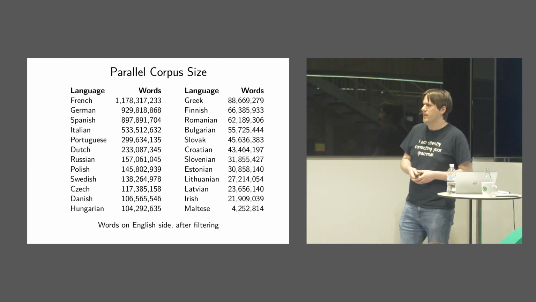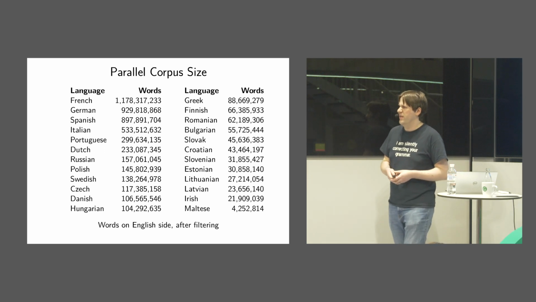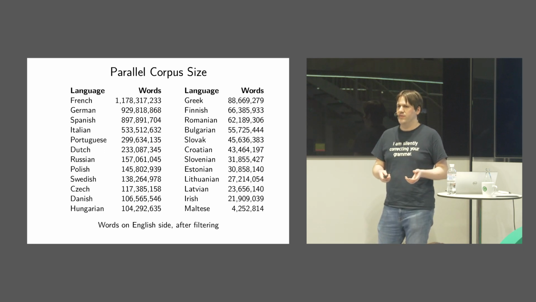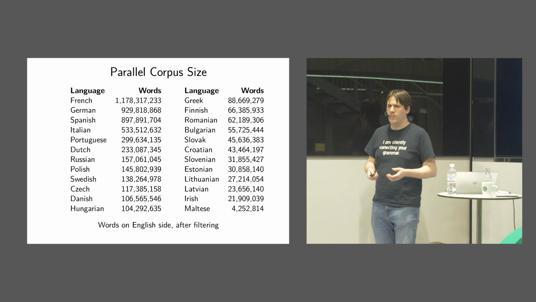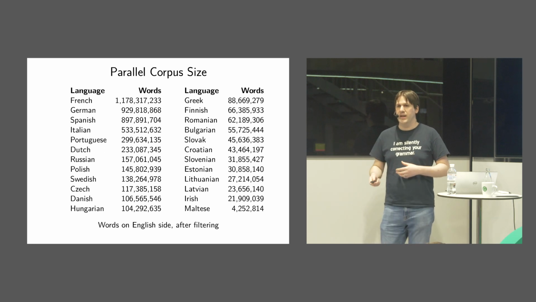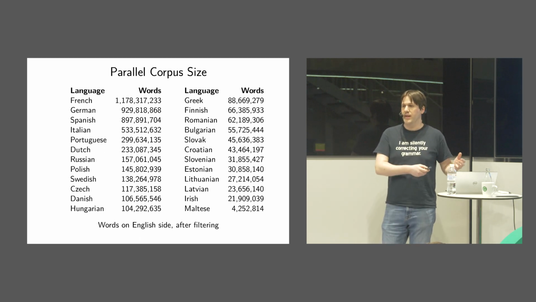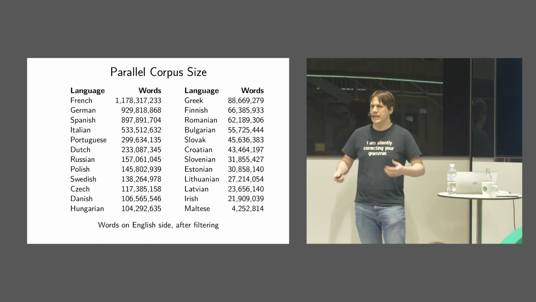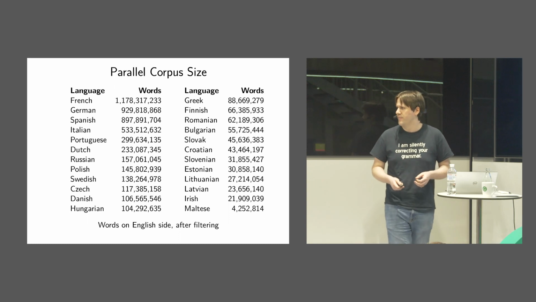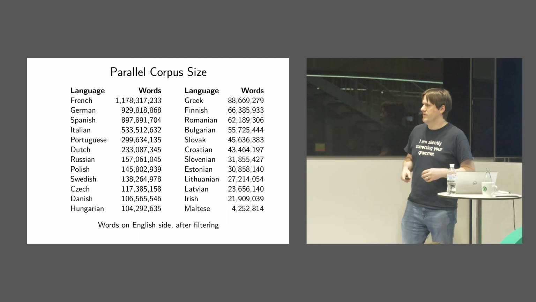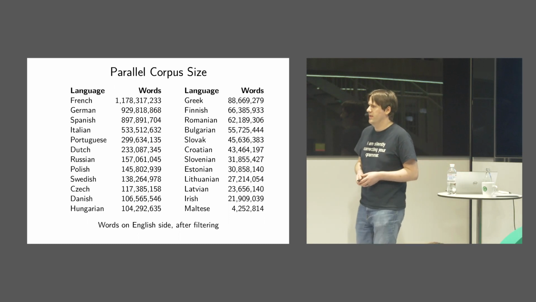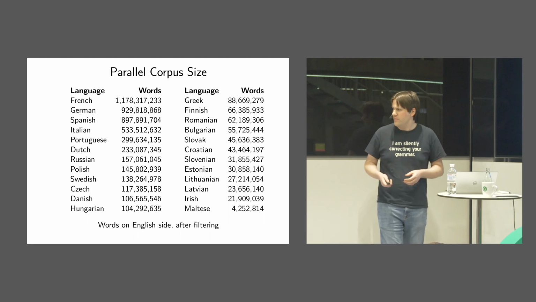Partly it's a smaller population, and also there's a phenomenon that happens to a lot of low resource languages like Hindi, where people who are online and speak Hindi and English tend to only speak English online. So you don't actually collect that much Hindi-English parallel data on the internet. Not that Hindi is one of our languages in this case, but I suspect a similar thing is happening to Maltese.